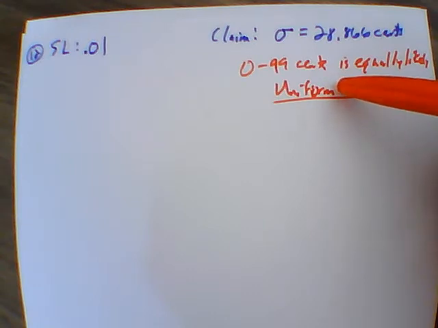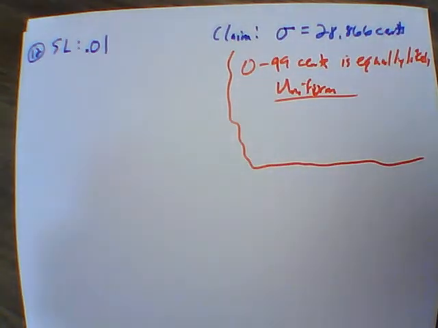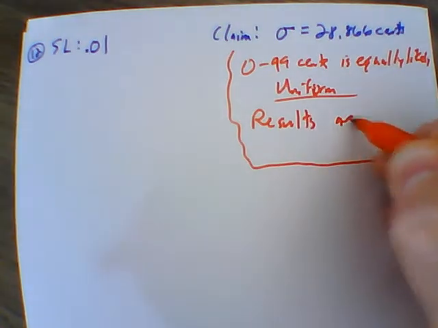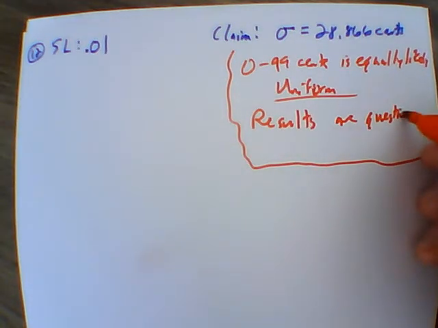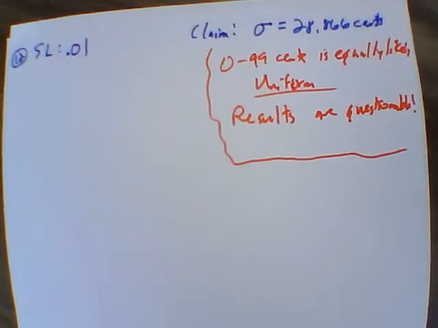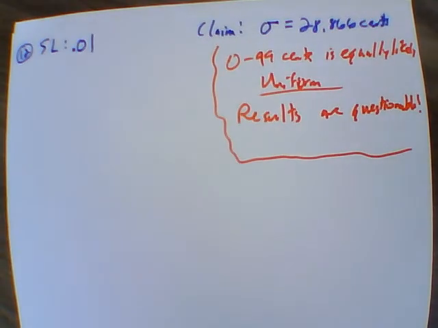Okay, so it has to be strict. Now, this is not a normal distribution. So whatever's going on here, the results are questionable. That we can perform the test even if we don't meet the guidelines.